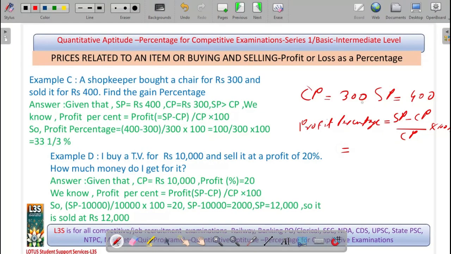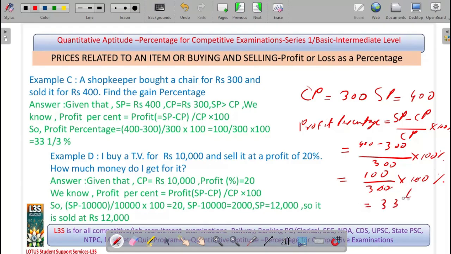So 400 minus 300 by 300 into 100%. So we get 100 by 300 into 100%, 100 by 3, 33.13%. It's clear?